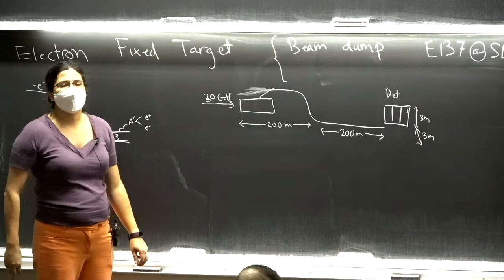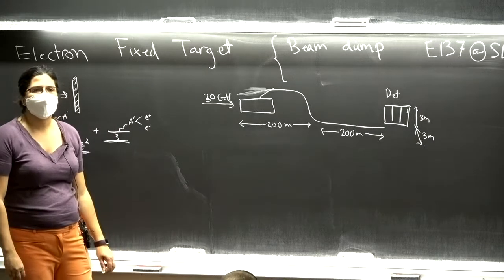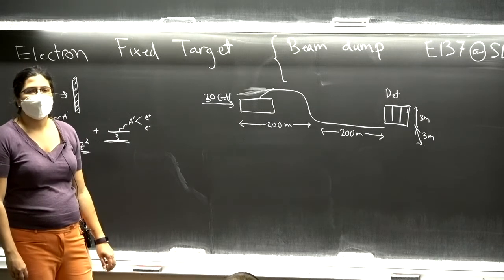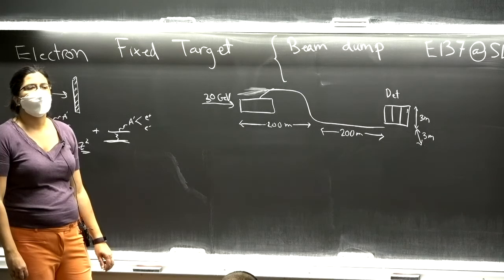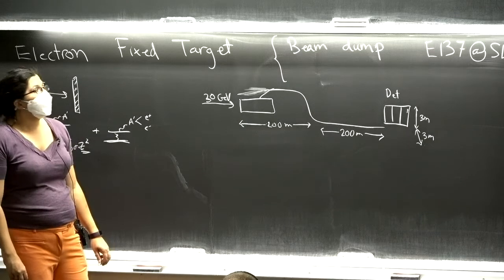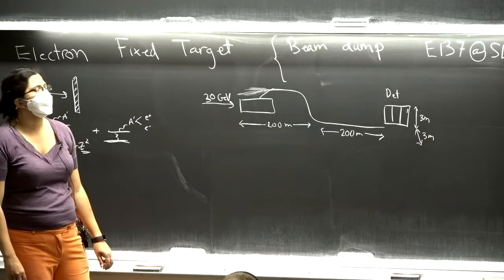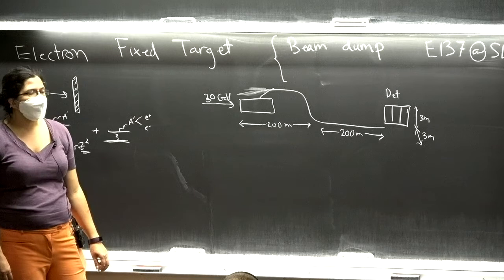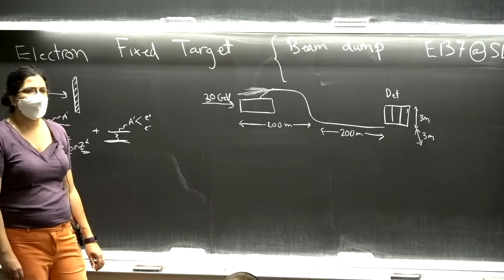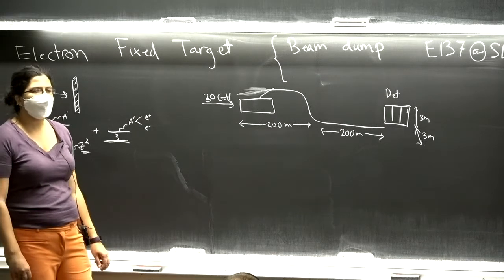Yep. Yeah, so if the Z-squared enhancement here is important, is it ever useful to consider, say, heavy ion collisions where you get the Z to the 4th enhancement? I think the luminosities that you get are suppressed by more than that.